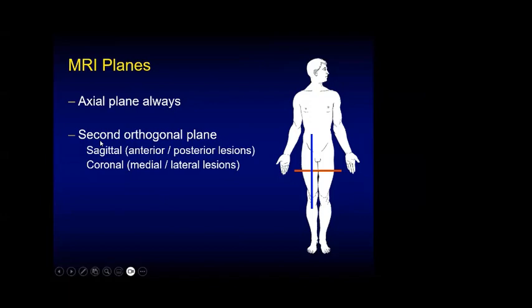Whether you add a sagittal or a coronal plane, it really depends on where the tumor is. If the tumor is anterior or posterior in the upper limb or in the lower limb, then you do sagittal imaging. If the tumor is medial or lateral in the extremity, then you use the coronal plane. So that kind of helps you choose your secondary orthogonal plane for imaging soft tissue tumors.